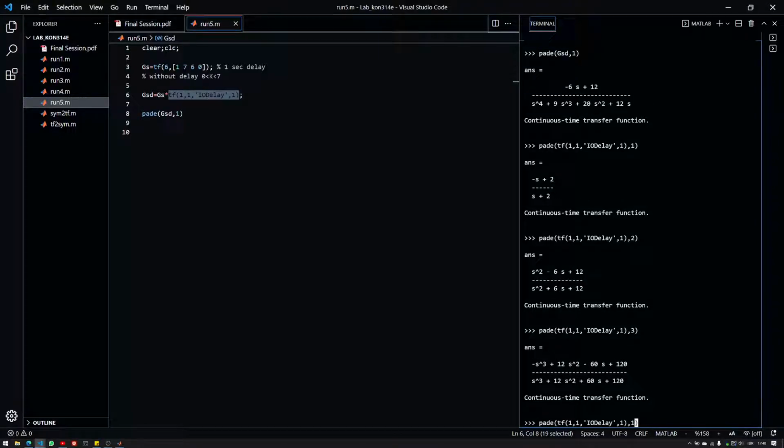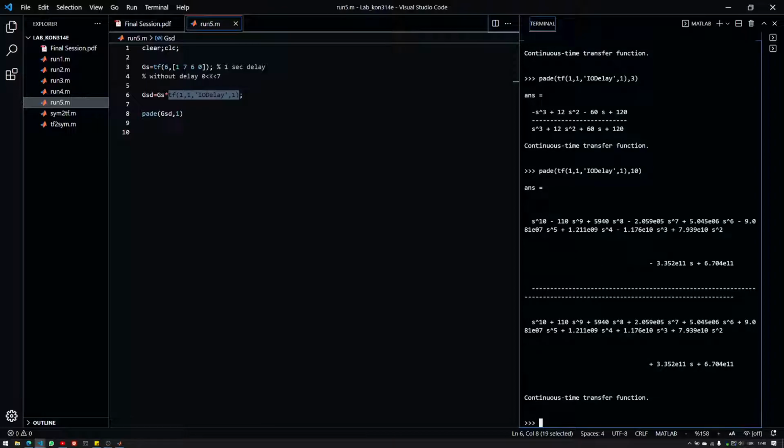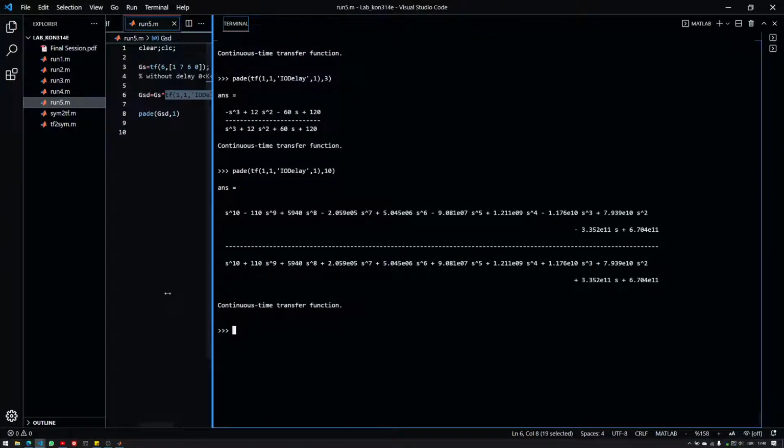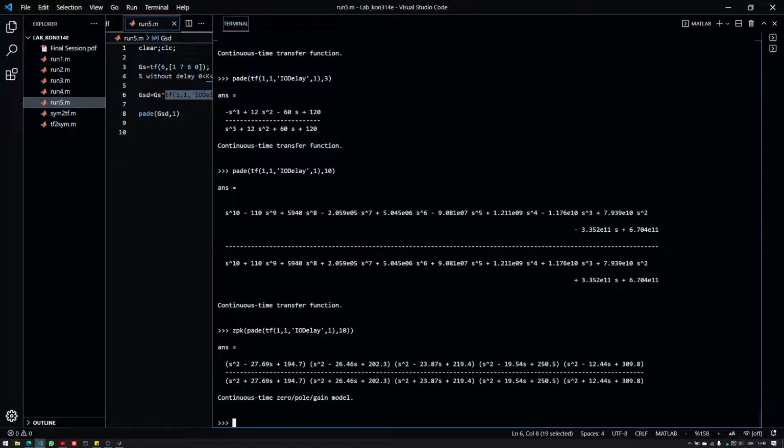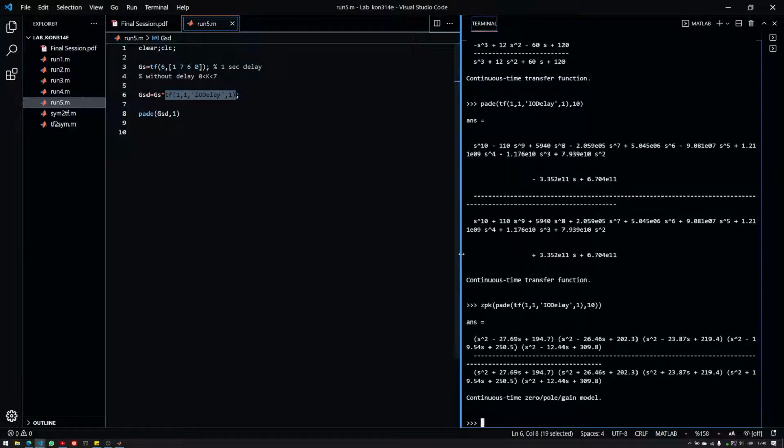If I go ahead and use, for example, 10 here, I get a large transfer function. Now, if we use zpk in order to determine what the poles and zeros look like, you can see that there are these conjugate pole pairs, and when I increase it, it will just approach the delay transfer function.